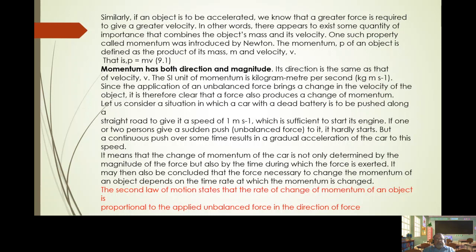Momentum p of an object is defined as the product of its mass m and velocity v, that is, p = mv. The momentum has both direction and magnitude. Its direction is the same as that of velocity v. The SI unit of momentum is kilogram meter per second.